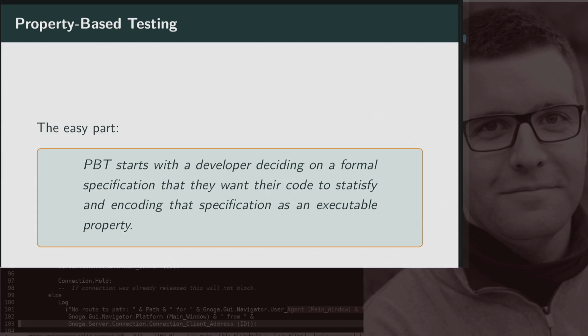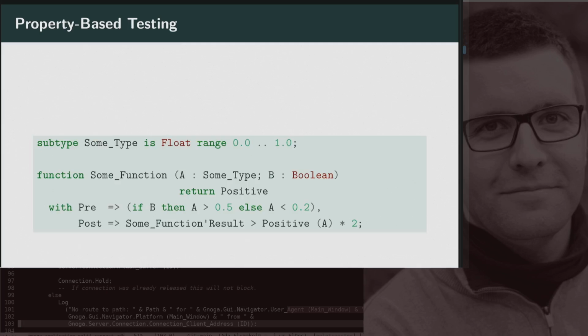On the next slide we have a random example of something absolutely useless, but within Ada we have all the power to specify very powerful and very precise properties for our program, using the type system, contract-based programming, and so on.